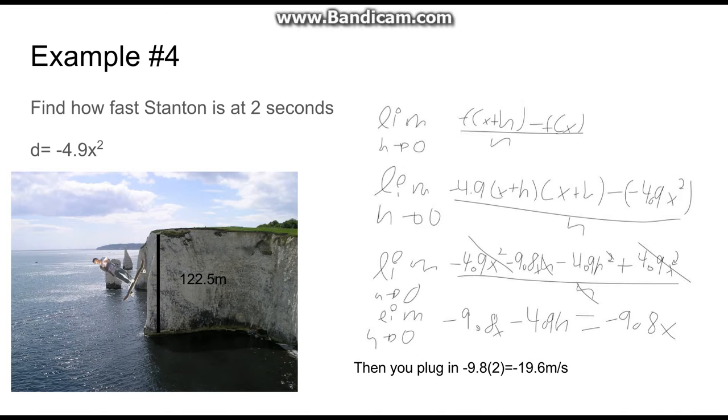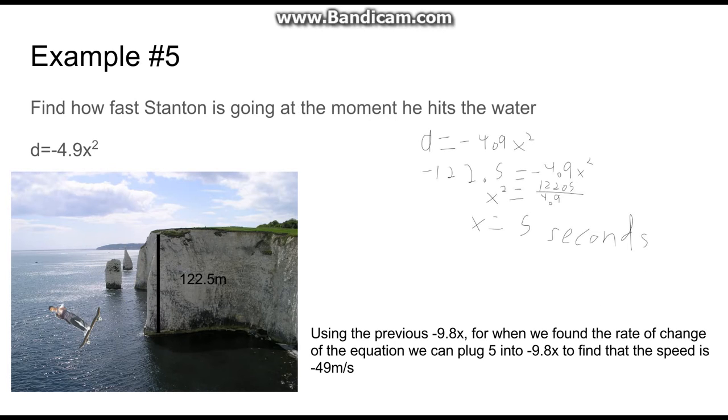And then you cancel out the 4.9x squared, and then you cancel out the h's, and you're left with negative 9.8x minus 4.9h. And then you plug in 0 for h, and you get negative 9.8x. Then you're able to plug in 2 into the equation because x equals 2. And then you can find out that Stanton is moving negative 19.6 meters per second while he's falling down the cliff at 2 seconds.